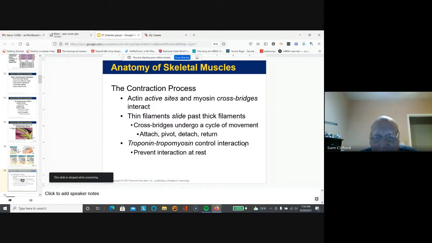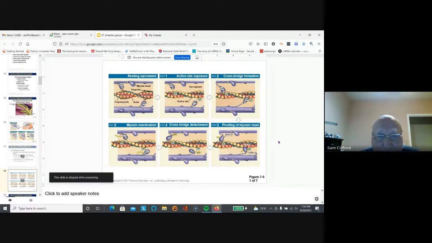Okay, so we'll read through these, and I'm going to talk about what's happening. So a resting sarcomere has myosin heads, and they are energized by ATP. So remember, the actin completely surrounds the myosin.